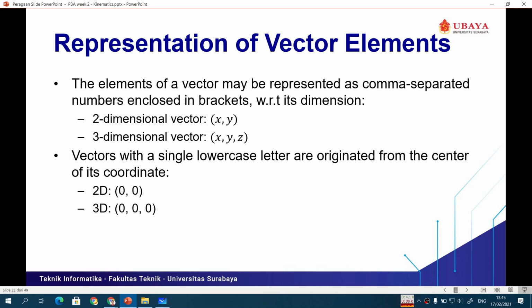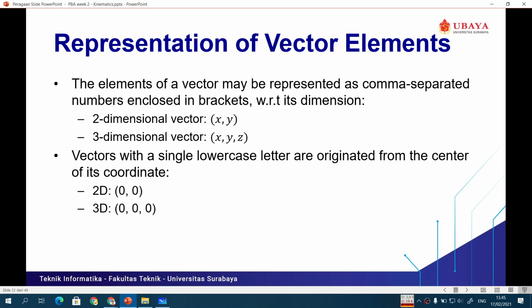The elements of a vector may be represented as comma-separated numbers enclosed in brackets, with respect to its dimension. So for a two-dimensional vector, we simply write x comma y enclosed in brackets. For example, 0 and 0. For a three-dimensional vector, we write it as x comma y comma z.